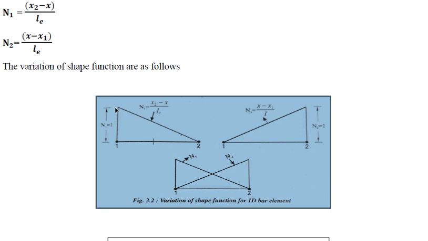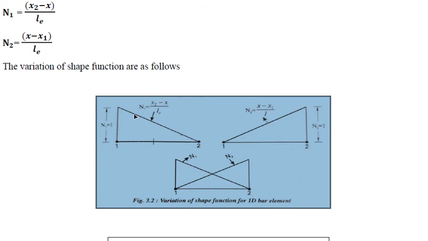This shape function, whose value is 1 at node 1, will decrease gradually and become 0 like this. And that decrease is with respect to this expression, (x2 minus x) by the length of the element LE.